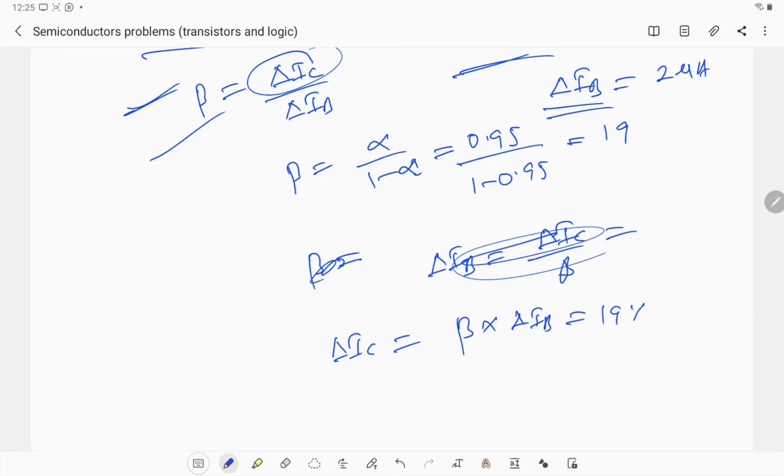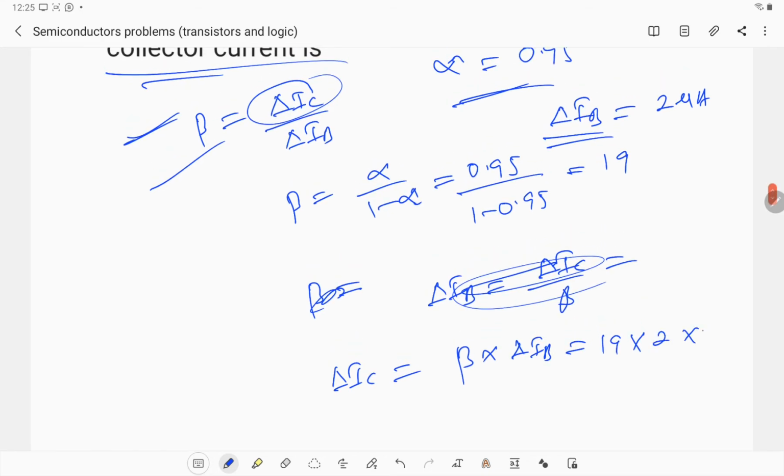Beta is equal to 19, delta IB is equal to 2 into 10 to the power of minus 6 amperes. This becomes 38 into 10 to the power of minus 6 amperes, which is 38 microamperes.